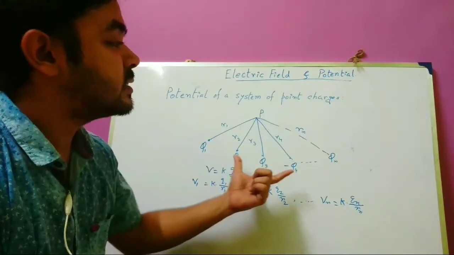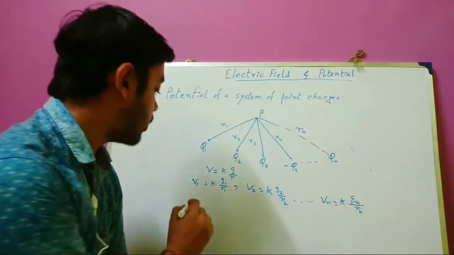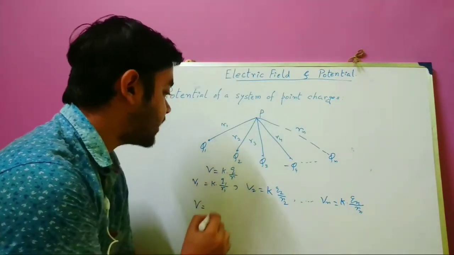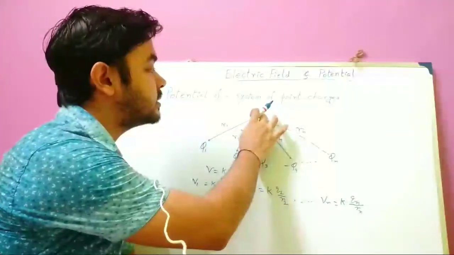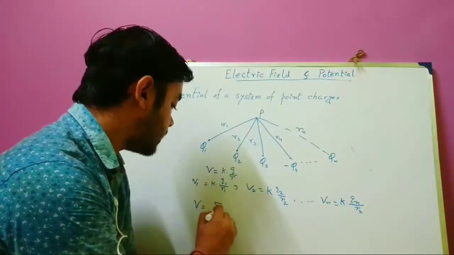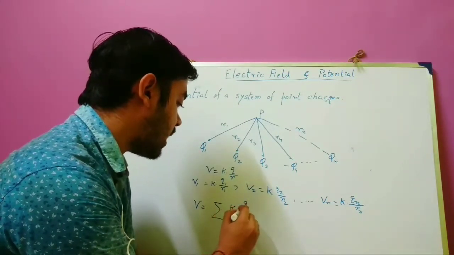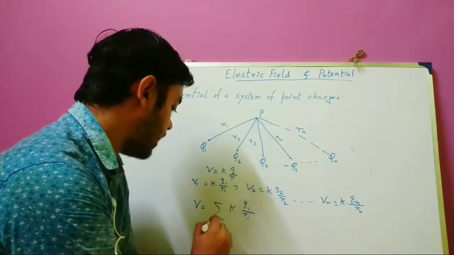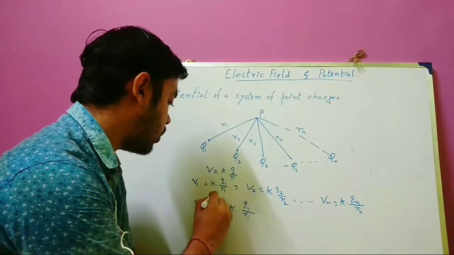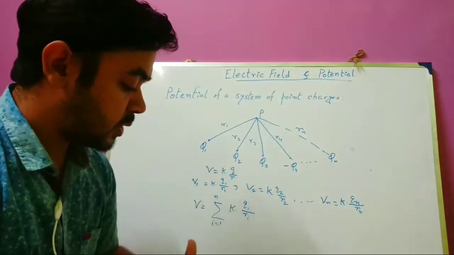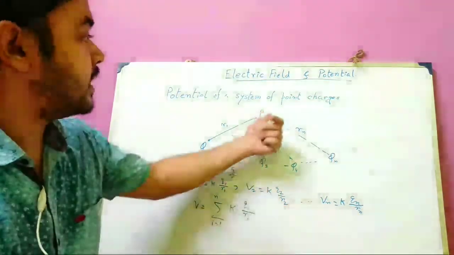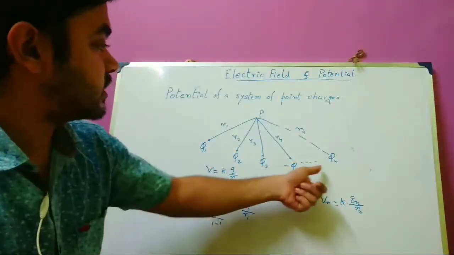So for all these distinct charges you have to sum over it. So the net electric potential at this point P will be the sum over K into Qi by Ri, where i runs from 1 to n. This will be the electric potential at P due to all these point charges.